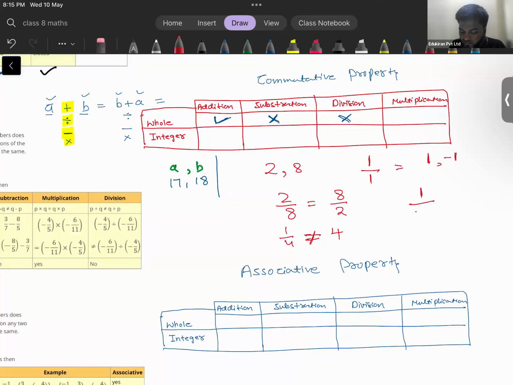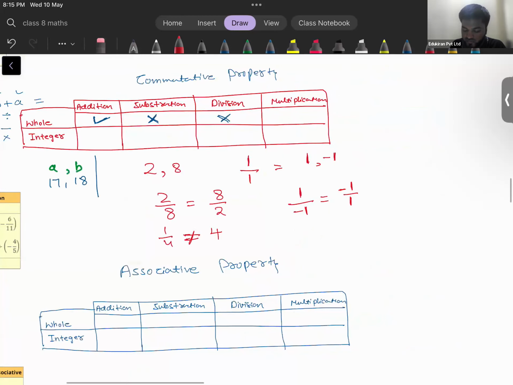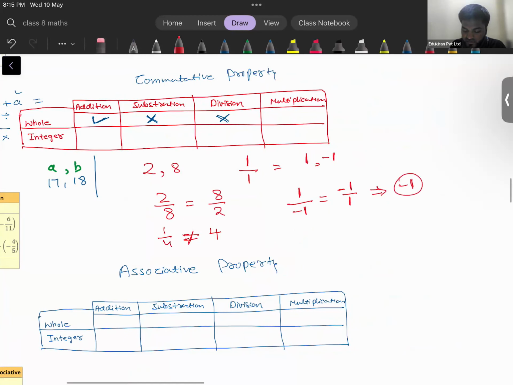So 1 divided by minus 1 is the same as minus 1 divided by 1, because both are equal to minus 1. Because 1 upon minus 1 in its standard form is written as minus 1 upon 1, and the next value is already in the standard form, right?